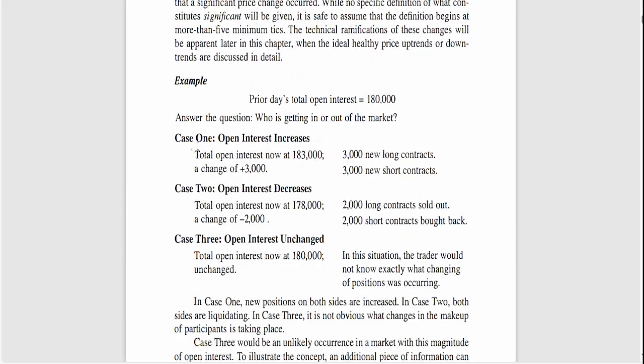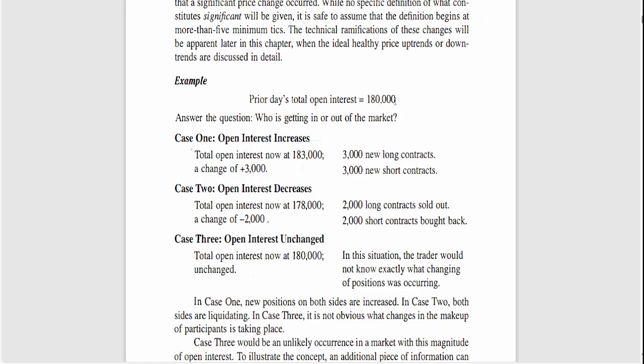Now there are cases. Case 1, open interest increases. For example, the previous day the open interest of gold was 180,000.